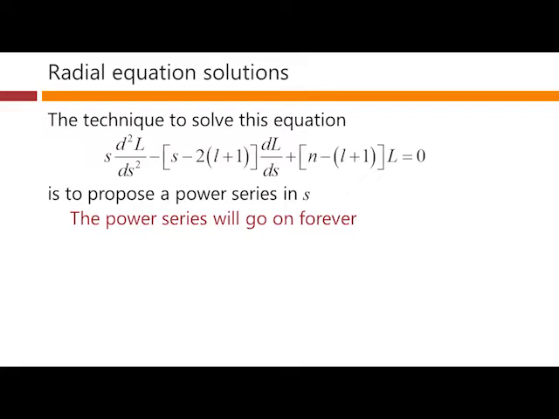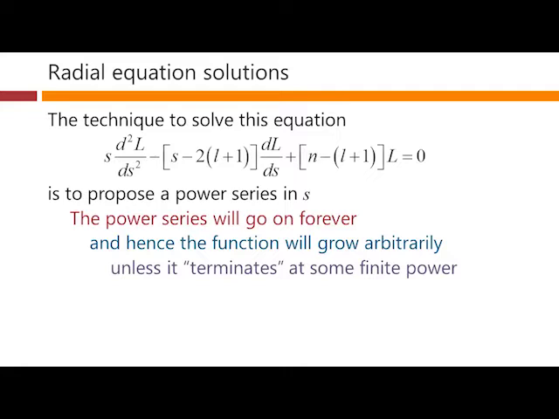We want the power series to terminate at some finite power of the variable s. Otherwise, the function is not normalizable. So the power series will go on forever unless we satisfy some termination condition. We need it not to go on forever because otherwise the function would grow arbitrarily and it wouldn't be normalizable.